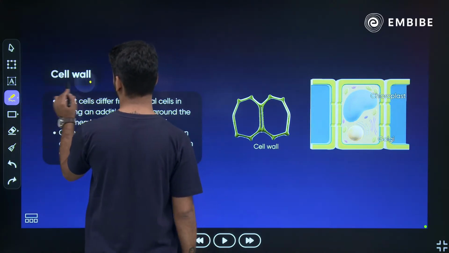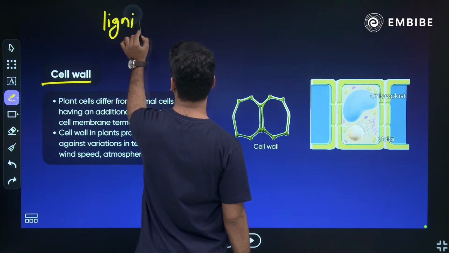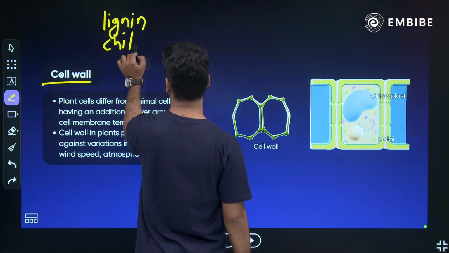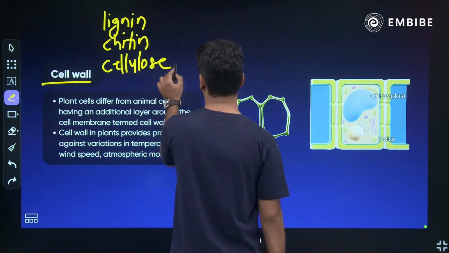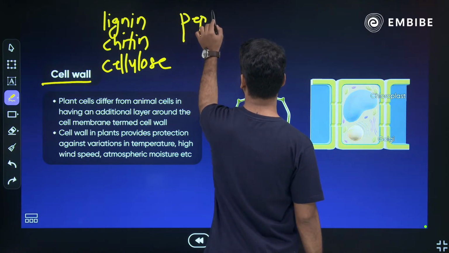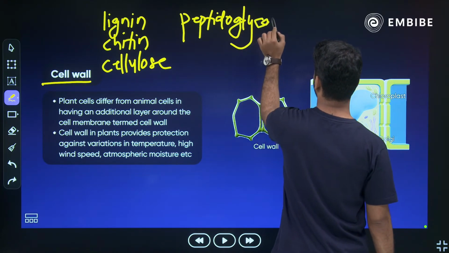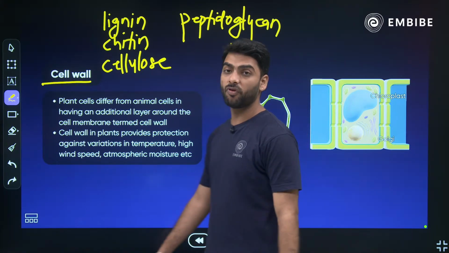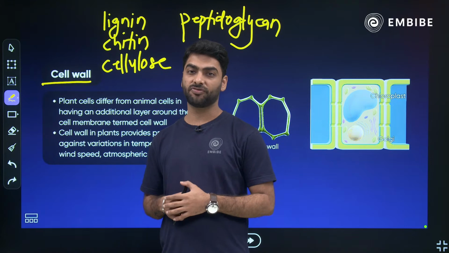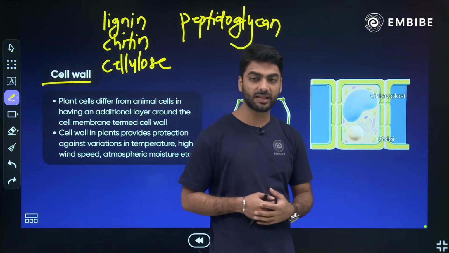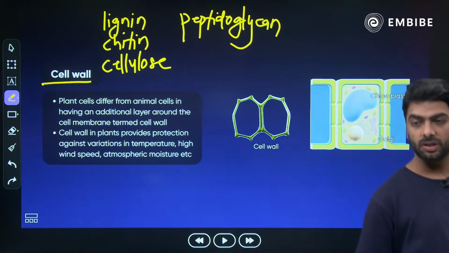The cell wall can be made of lignin, chitin, cellulose or peptidoglycan. ठीक है, the cell wall can be made of these different things. It can be lignin, chitin, cellulose or peptidoglycan. ठीक है, please have a look.